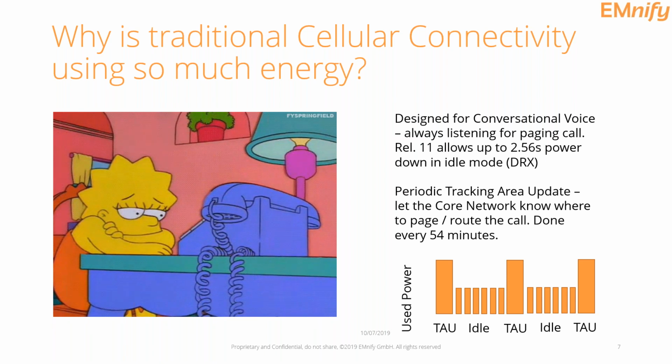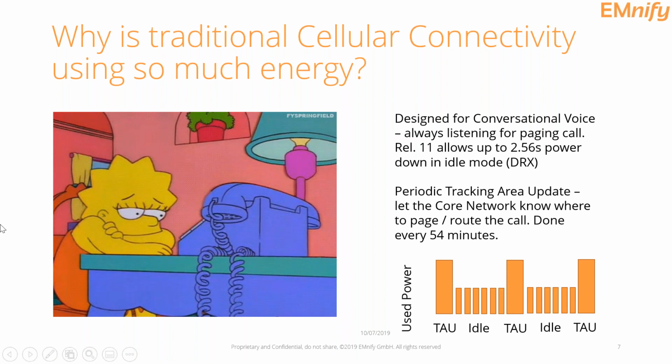So this is why every device is listening continuously on the radio to identify: is there a call for me or not? There's always paging happening, and I'm listening if there's a call for me. Now there have been some improvements, for example in release 11 for a traditional smartphone, let's call it this way, a power saving feature called eDRX.